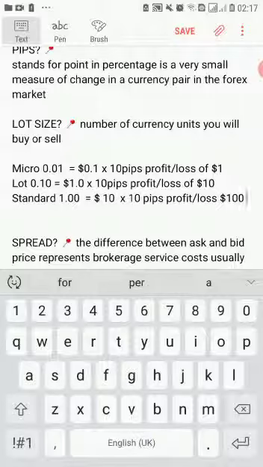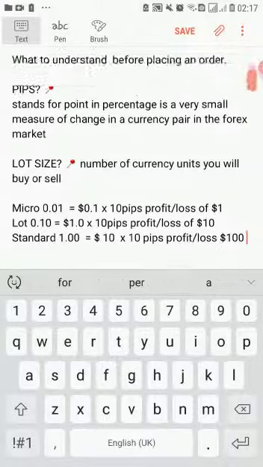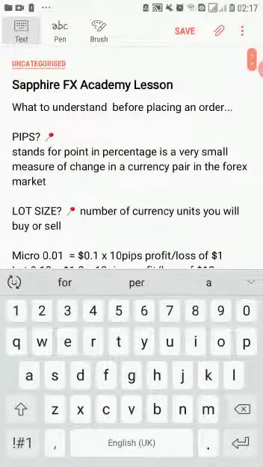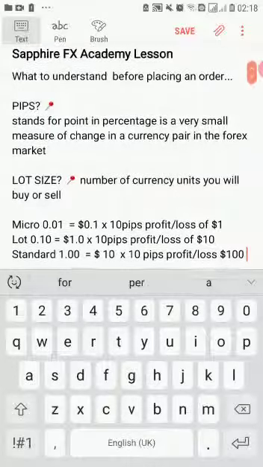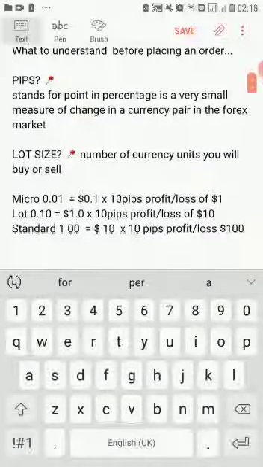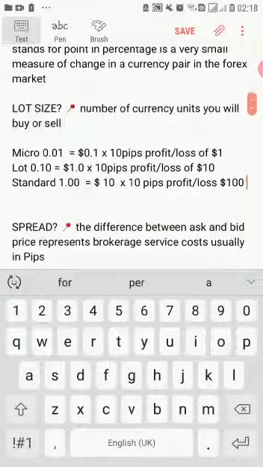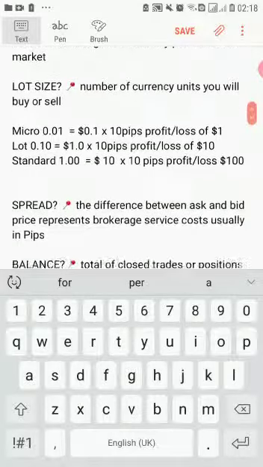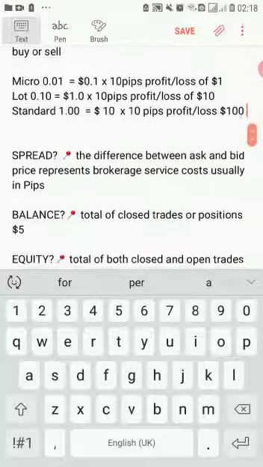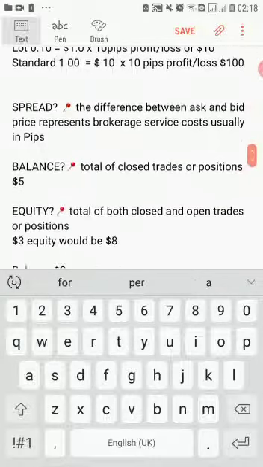Then with a lot size of 0.1, if it moved 10 pips in the positive or negative, you would make a profit or loss of 1.0 times 10. Sorry, this is $1 per pip. Then this would give you $10.